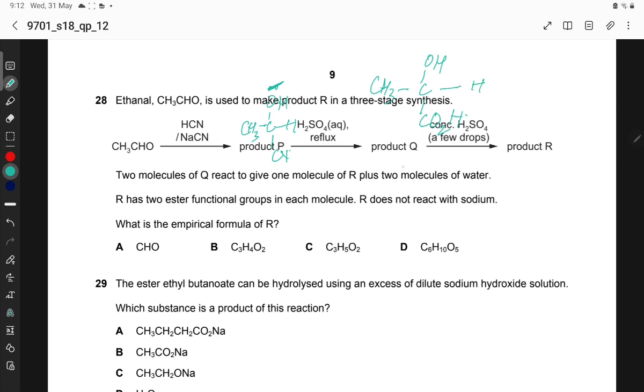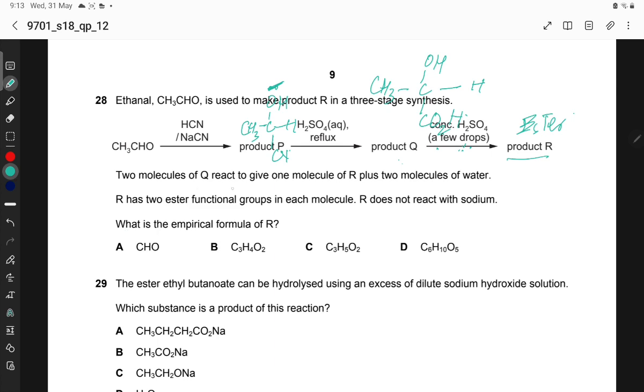A few drops of concentrated sulfuric acid are added, and product R, an ester, is formed. When product Q reacts in the presence of concentrated sulfuric acid, an ester is formed.